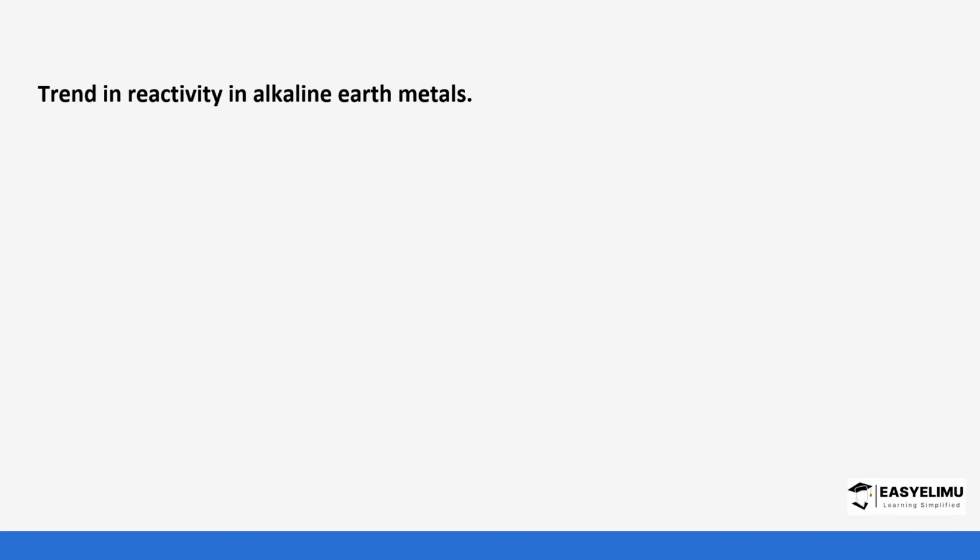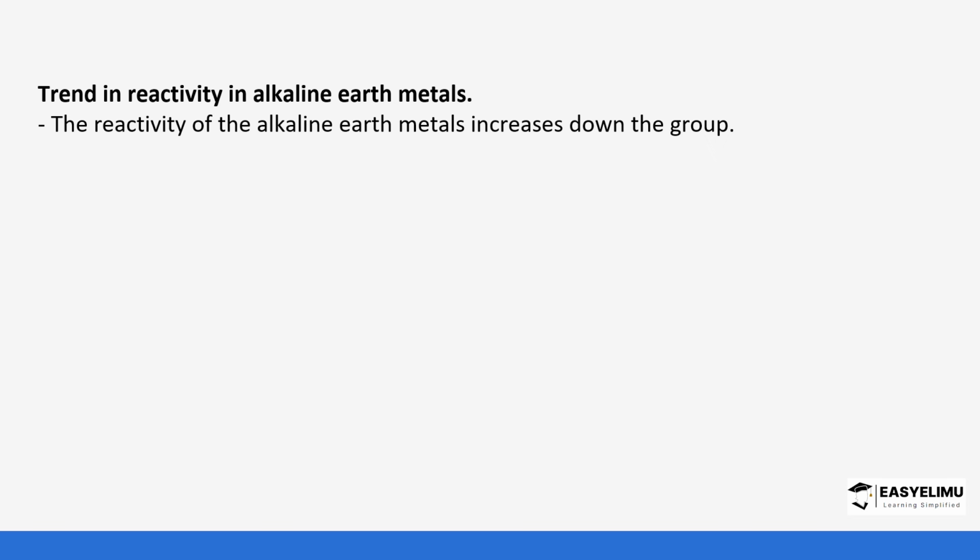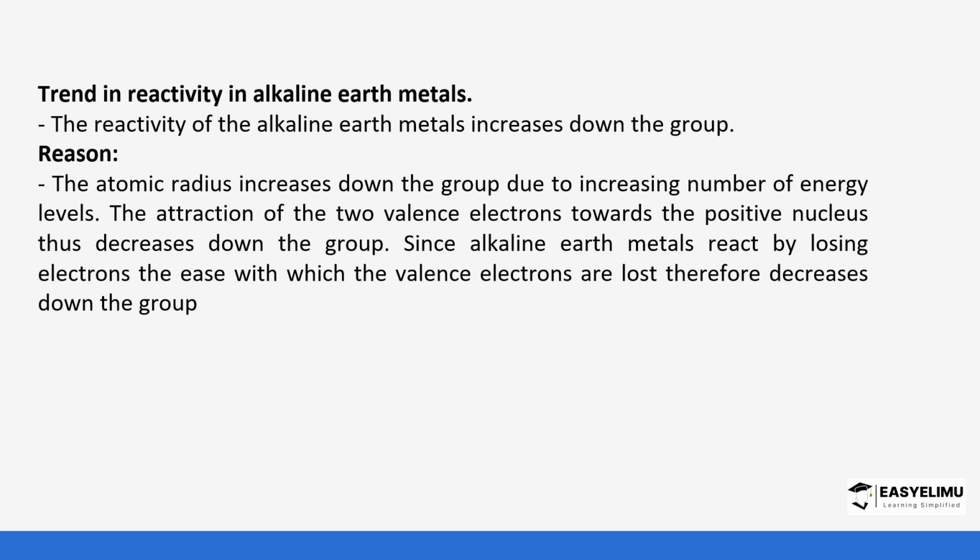So when you look at the reactivity of alkaline earth metals, you notice that the reactivity increases down the group as well. This is because of the atomic radius, you see we always start with atomic radius. The atomic radius increases down the group as well due to the increasing number of energy levels.